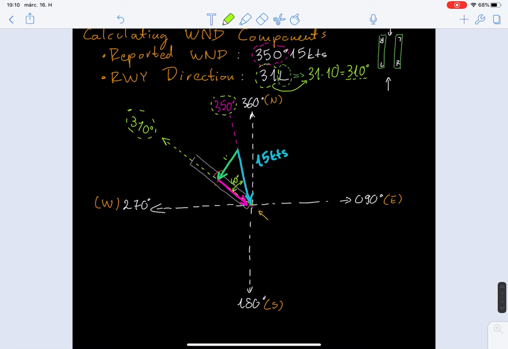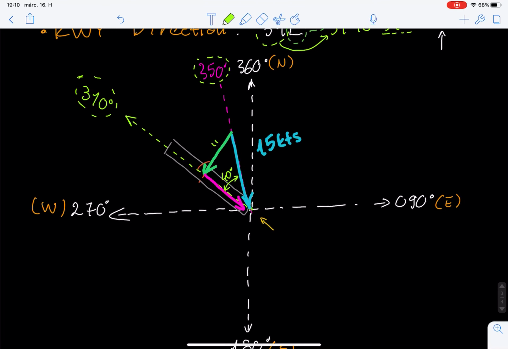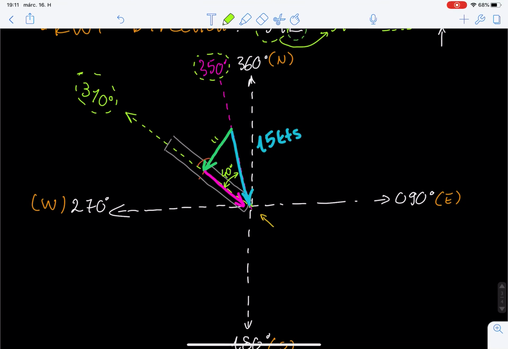Okay, so how do I calculate the magnitude of this vector component? The way I do that is with the help of the sine function. I'm going to magnify a little bit so that you can see it. Before we do that, let's give these names.